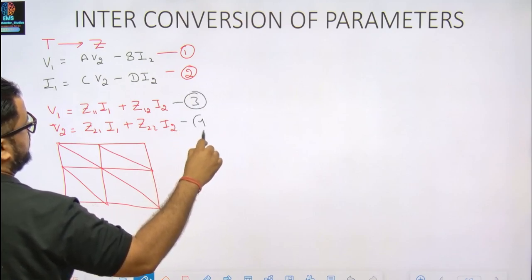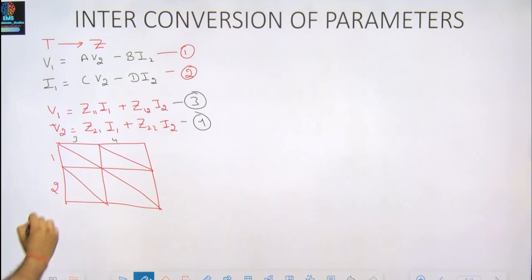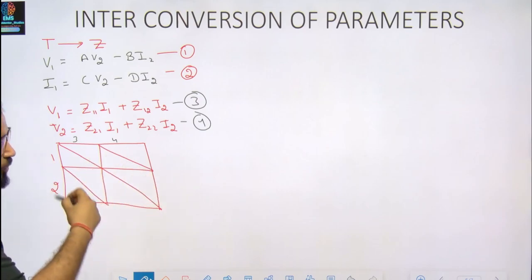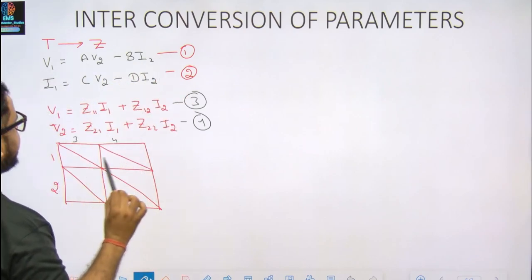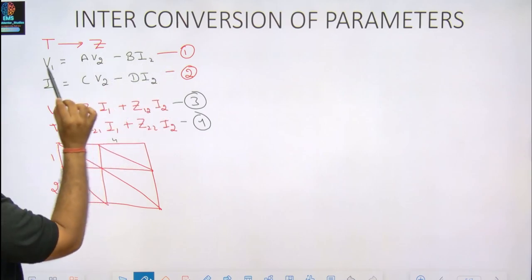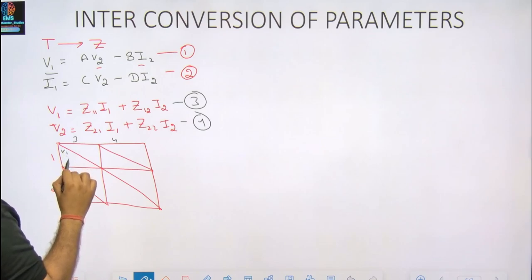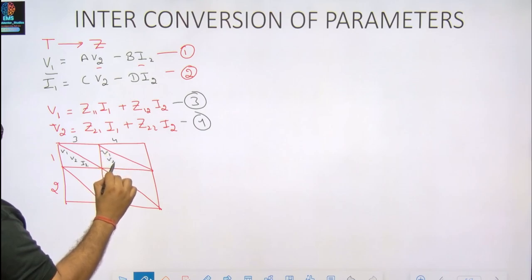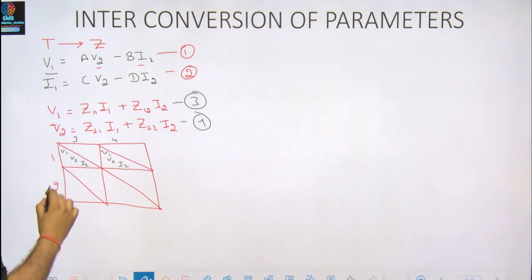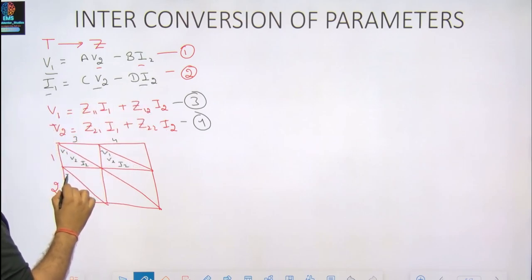So I've written 1, 2, 3, 4. Now what you have to fill in this map is all the circuit variables present. So 1 में कौन कौन से present है? V1, V2, I2. 2 में?